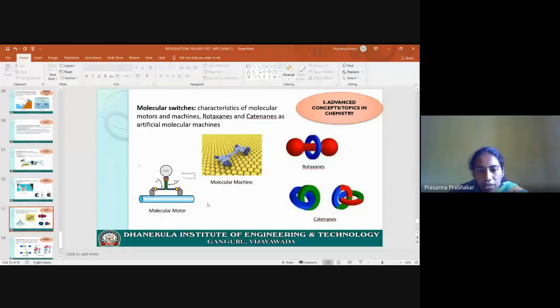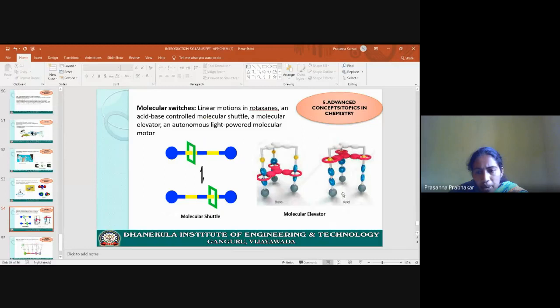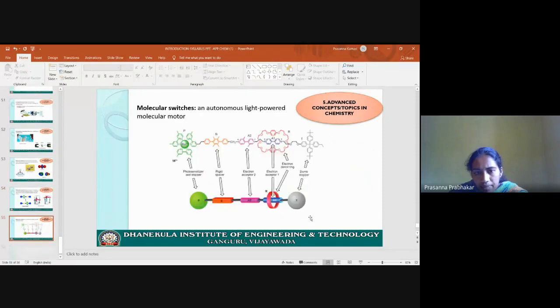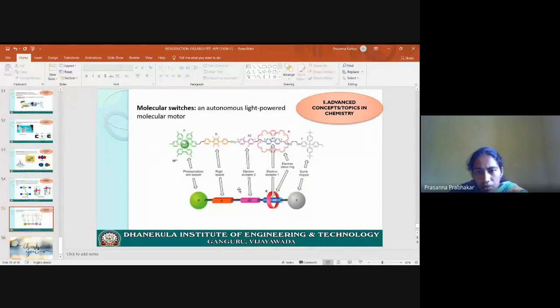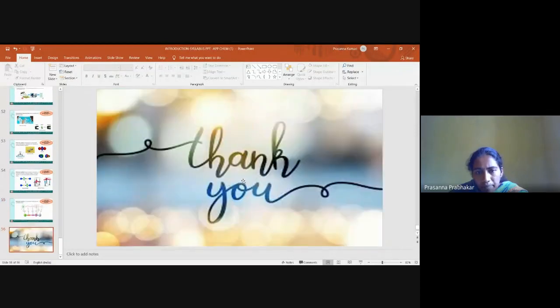Next, molecular switches. In this unit, molecular switches, molecular motors, molecular machines, rotaxanes, catenanes, molecular shuttles and molecular elevators will be clearly explained in next classes. So this is also a molecular switch.